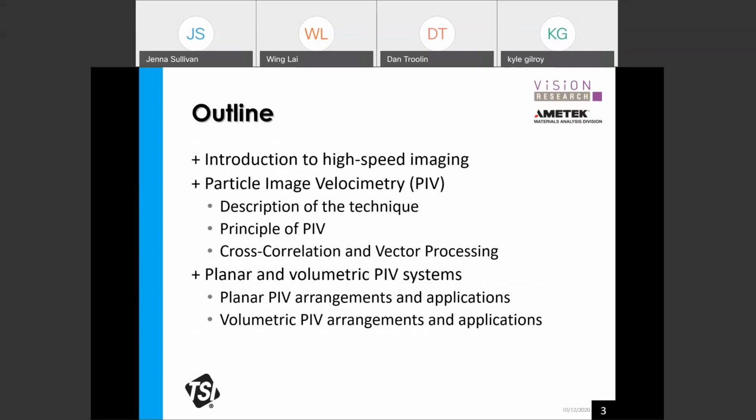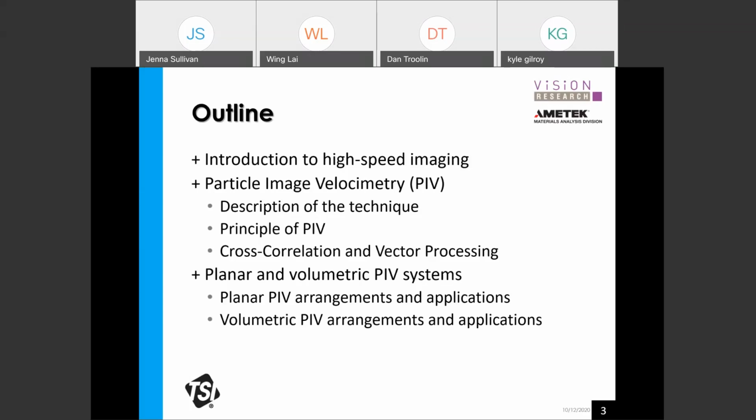At this time, I'm just going to go through a quick outline of what we're going to cover today, and then I'll hand it over to Kyle. To begin with, Kyle's going to give us an introduction on high-speed imaging. What are some of the important aspects that we need to think about? How is the technology changing? How are we controlling high-speed cameras, and what are the relevant parameters to think about there? And then after that, Wing will be discussing specifically particle image velocimetry, or PIV.